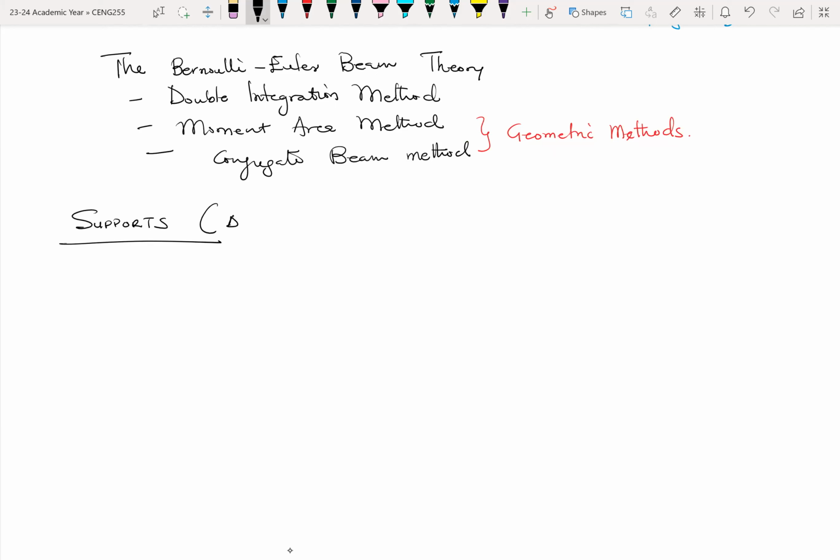So in this case, we are looking at supports in terms of displacement and in terms of rotations.